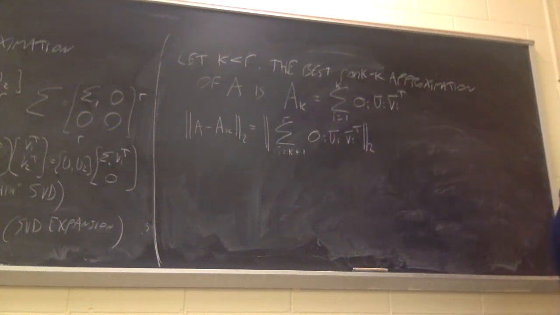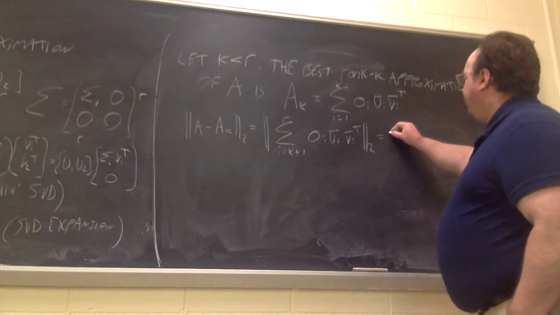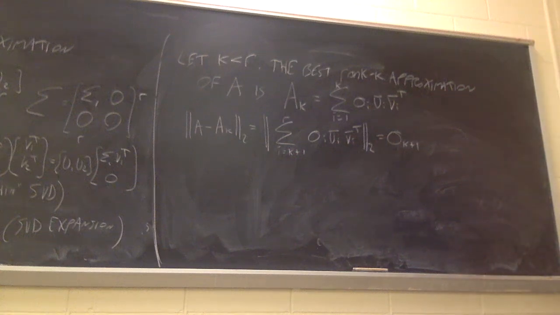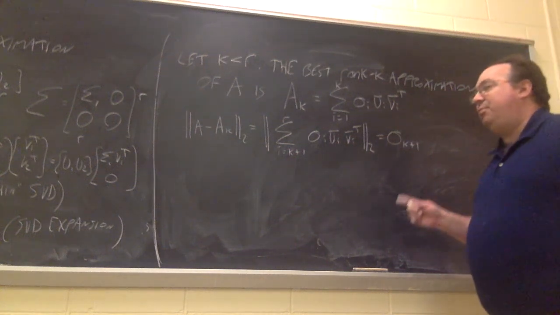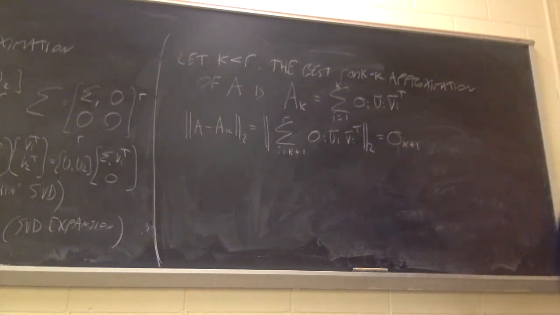Well, what's the largest one of those? Remember, the singular values are ordered from largest to smallest. So the largest singular value of this matrix would be sigma k plus 1. So if you choose the rank k approximation, then the error in that approximation in a two-norm sense is the next singular value, sigma k plus 1.